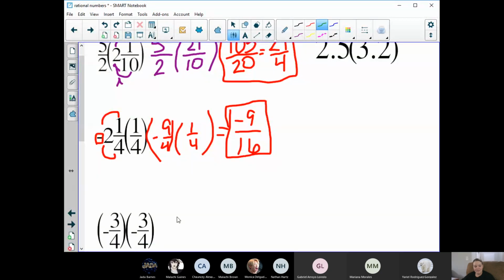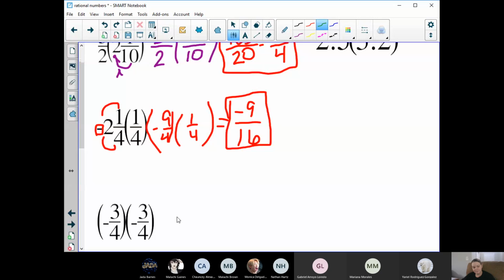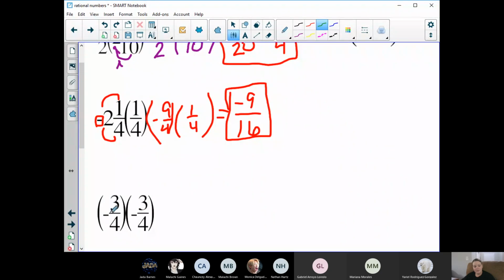All right, we're going to do this last fraction down here. So negative 3/4 times negative 3/4. Is my answer going to be positive or negative? Okay. All right, so if you do negative 3 times negative 3, what answer are we going to get for our numerator?